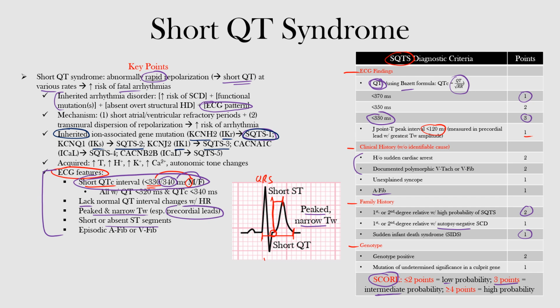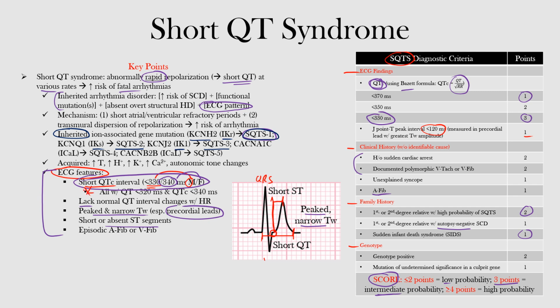And with the EKG features, okay, we mentioned the short QTC interval, less than 330 milliseconds in males and less than 340 milliseconds in females, was characteristic and pretty much the hallmark of the syndrome. Okay. And then remember, all cases so far have had a QT interval less than 320 milliseconds and a QTC interval less than 340 milliseconds.